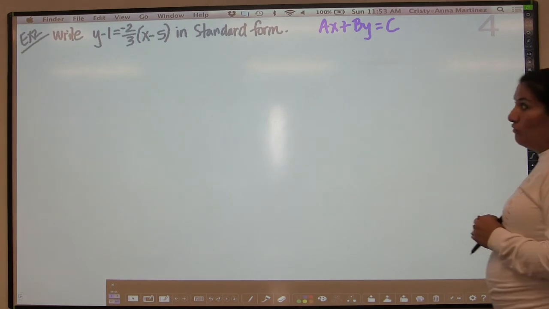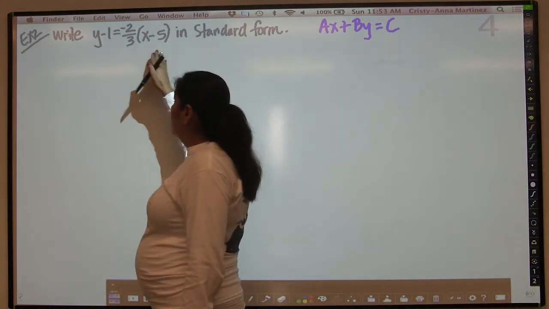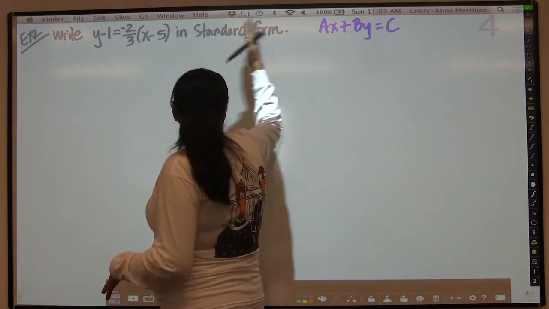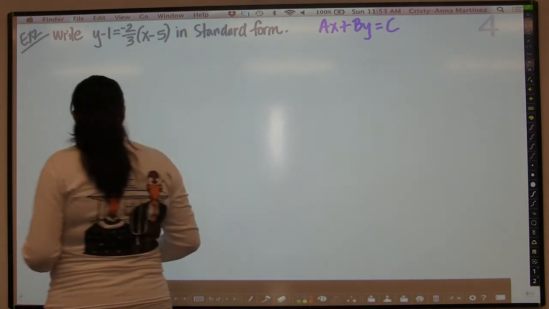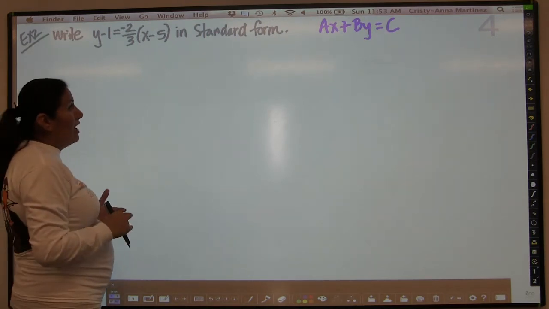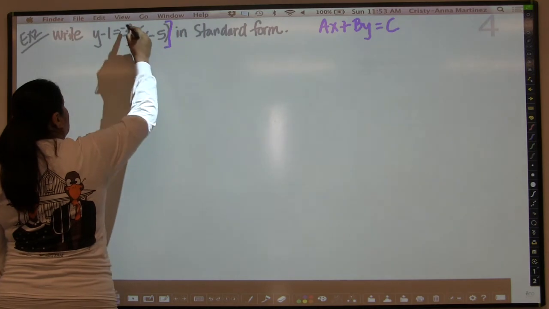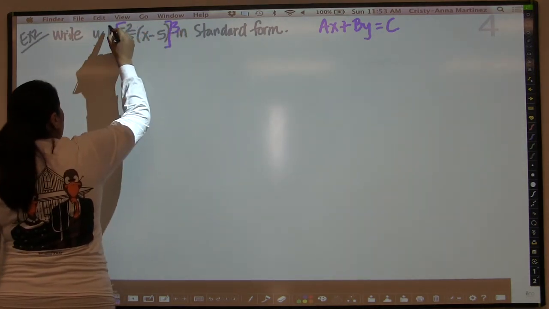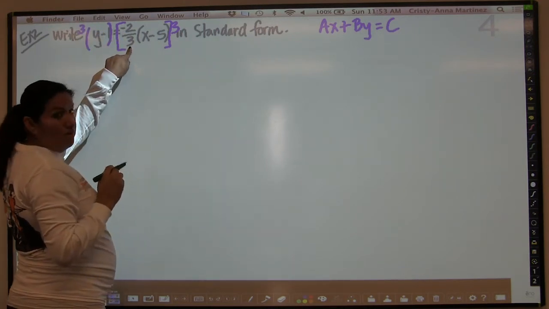So that was standard form. And what I have here is an equation in point slope form. So they basically want me to transform it from point slope form to standard form. So the first thing we want to do is perhaps get rid of the fractions, because we know that we're not allowed to have fractions in standard form. So I'm going to go ahead and multiply both sides of my equation by 3, because that is the bottom of the fraction.